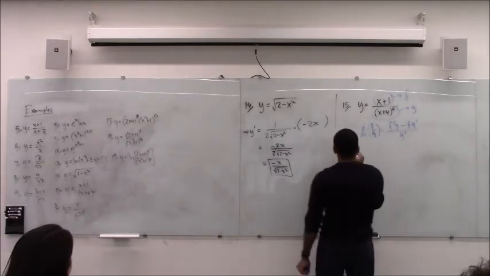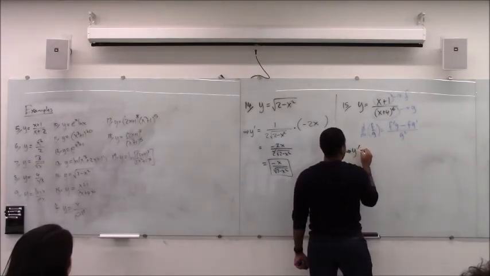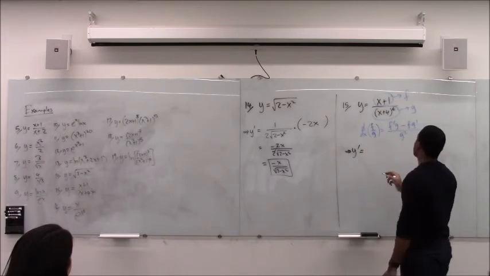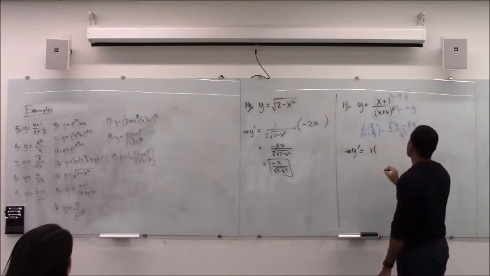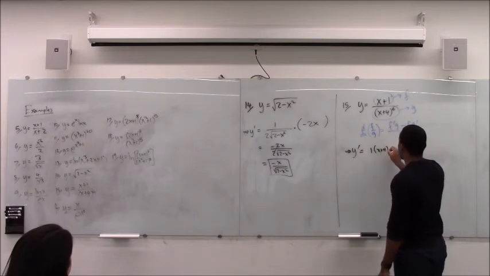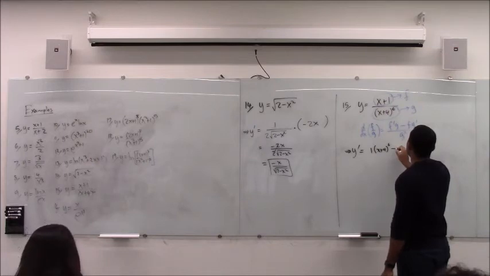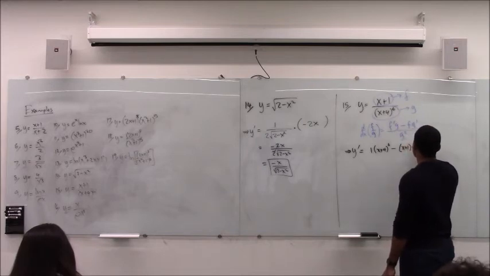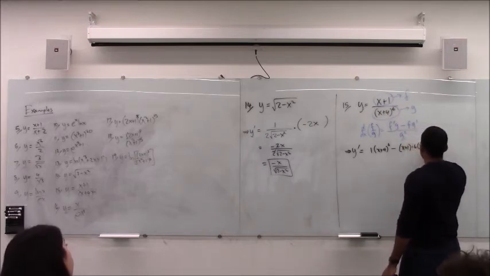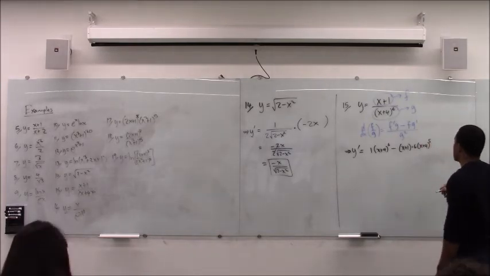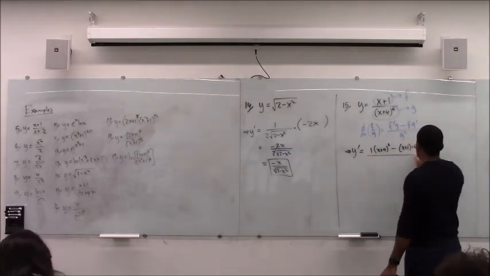So at this point, your y prime is going to be equal to 1 times (x plus 4) to the 6th, times 1 times (x plus 1), minus (x plus 1) times 6 (x plus 4) to the 5th, all over (x plus 4) to the 6th, squared, or to the 2.